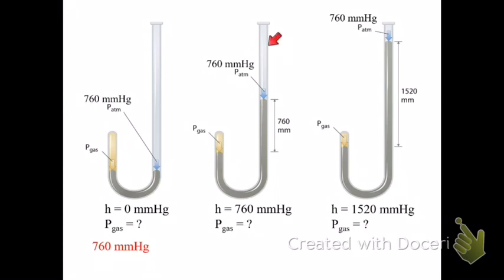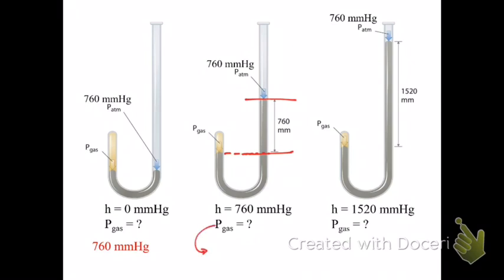For the second J tube here, we have, again, the pressure of the atmosphere here, which is 760 millimeter mercury. And then now, we also have this height of mercury right here, which is equivalent to 760 millimeter mercury. So to get the pressure of this gas, all you have to do is add the height of the liquid mercury.